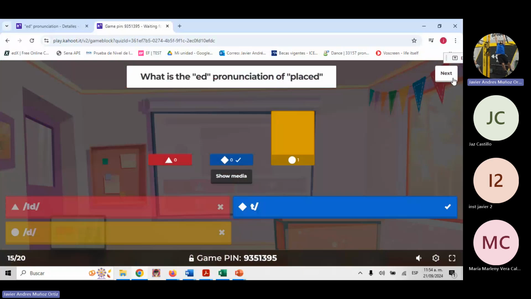No genera vibración. Por lo tanto, decimos placed. Muy bien. Con estos ejemplos es más que suficiente.